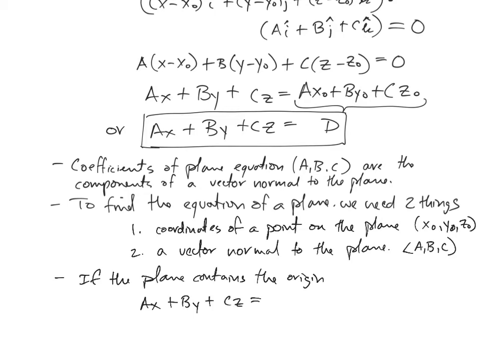What would the right-hand side of our plane equation equal if the plane includes the origin of our coordinate system? Well, it means x naught, y naught, and z naught are 0, right? One particular point on the plane is the origin, 0, 0, 0, which means this would just be 0. Okay?